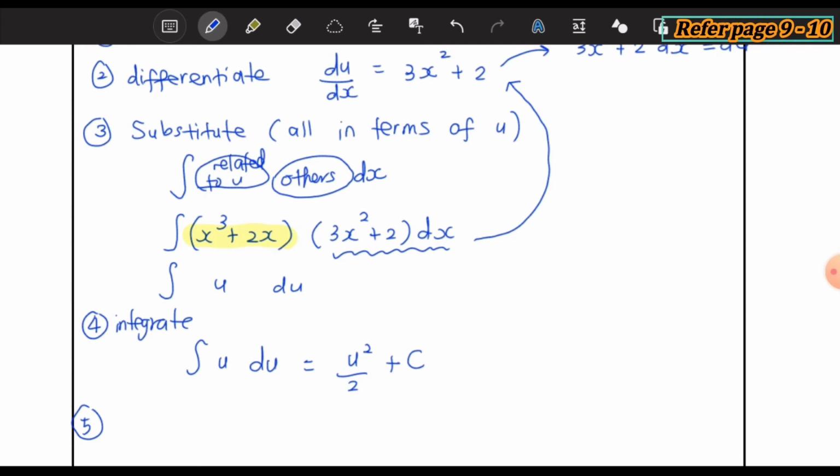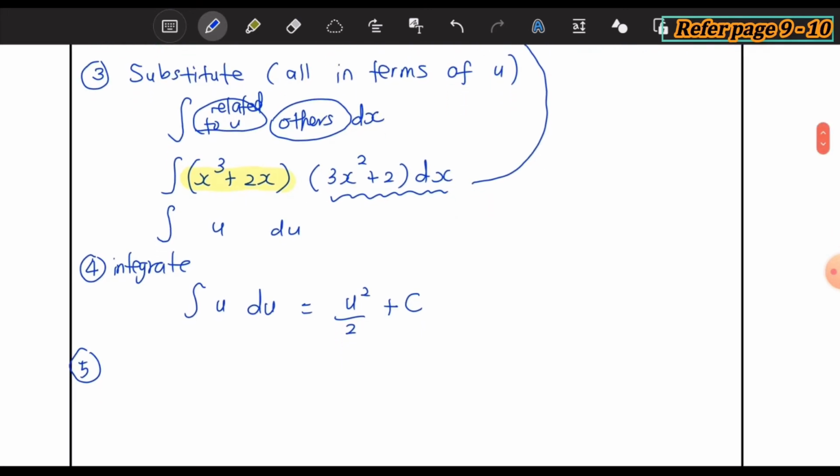We need to substitute back to x. We need to state our final answer in terms of x. Therefore, this is equal to x cubed plus 2x squared divided by 2 plus c.